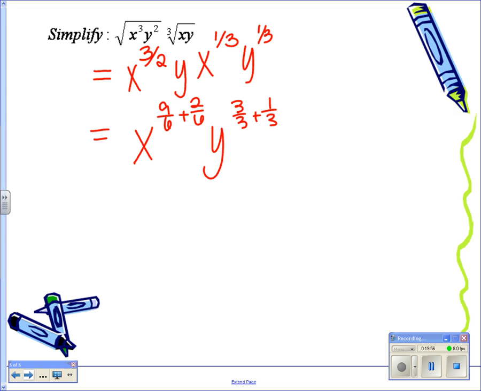Does that make sense? And that whole thing is your answer. 1 is 3 over 3. Do y'all see how these work? Any questions on these? None? Okay.